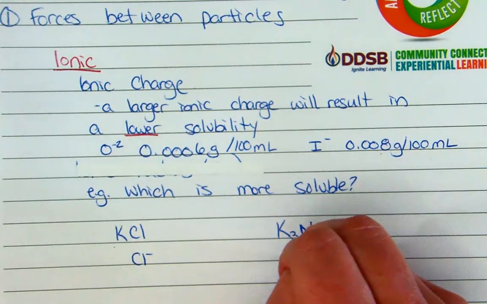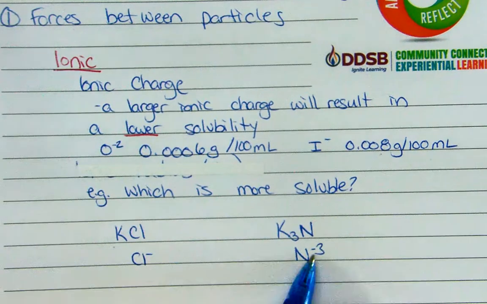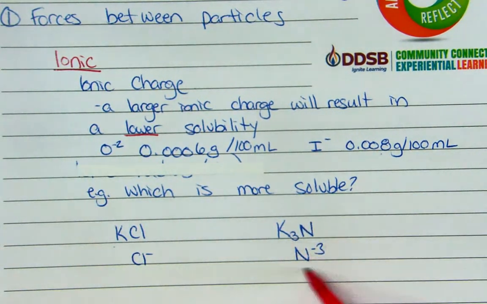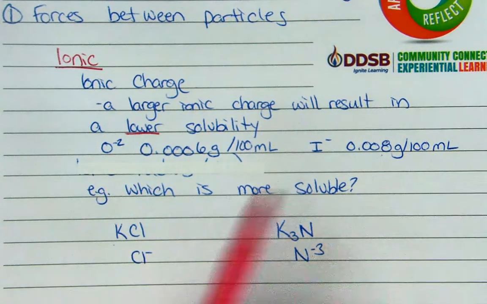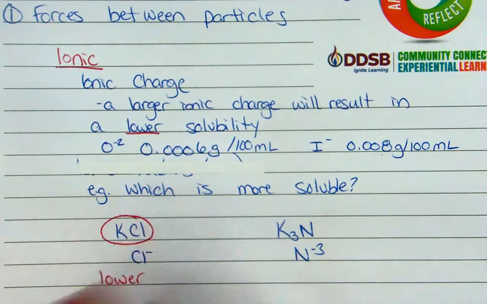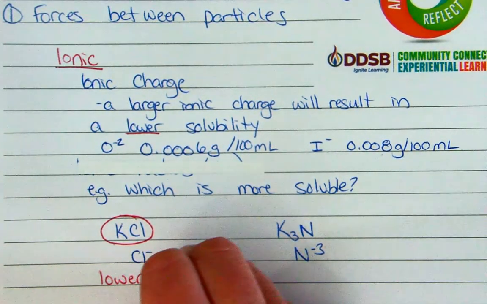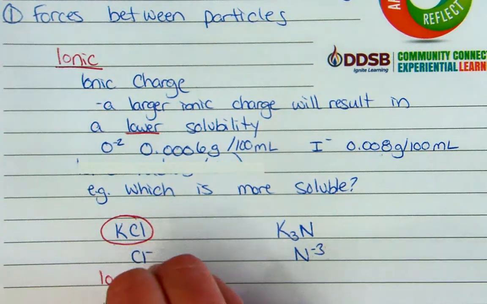So let's look at our ionic charges. We see chlorine has a charge of -1. Nitrogen has a charge of -3. This greater ionic charge means that it's a lower solubility. So potassium chloride will have a higher solubility. Lower charge, therefore higher solubility.